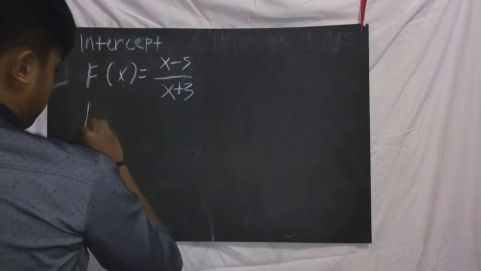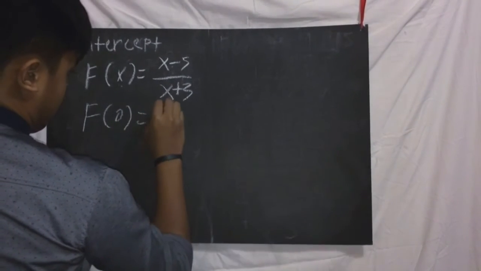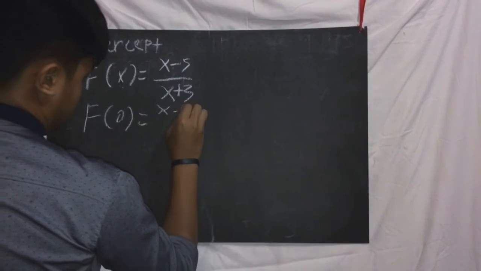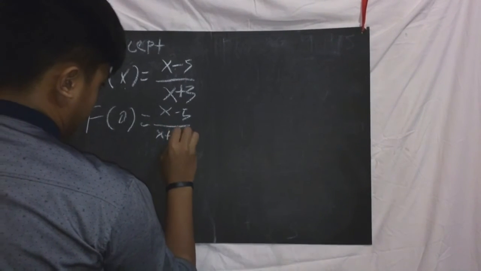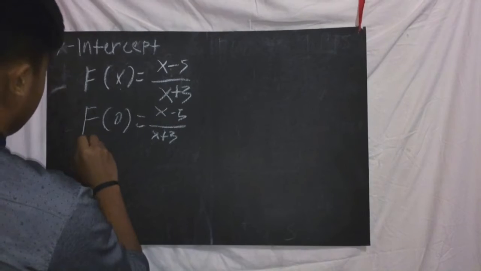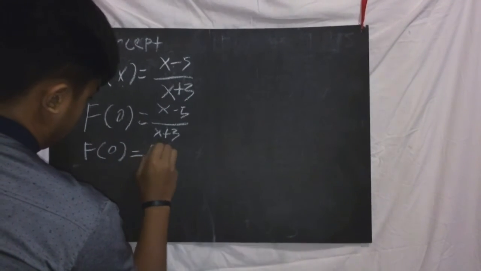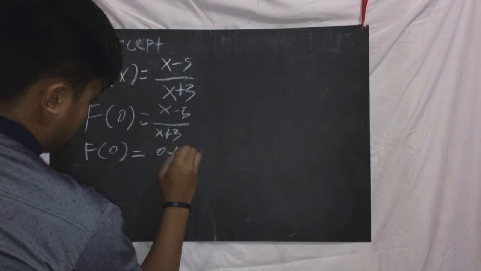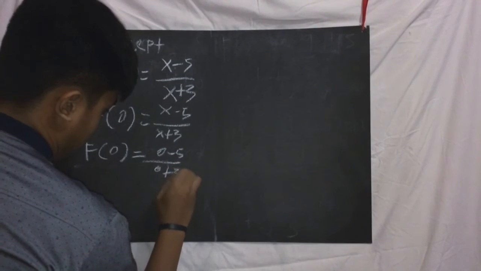So we need to substitute 0 for x, so it becomes f of 0 equals 0 minus 5 over 0 plus 3.